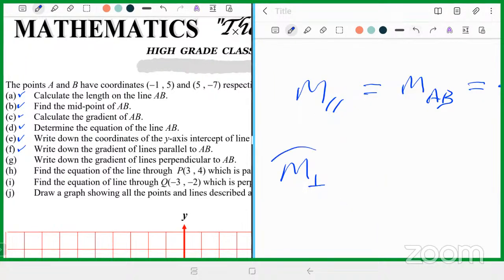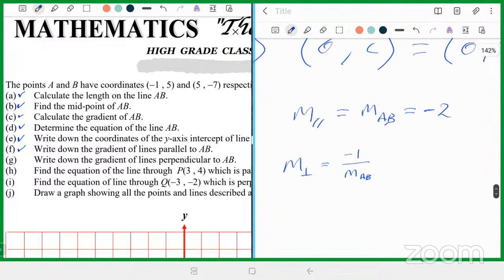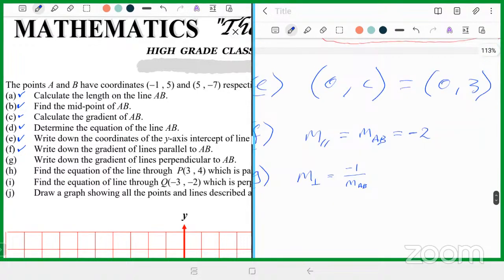So the gradient of any perpendicular line to AB is going to be equal to -1 divided by the gradient of AB. Remember, the gradient of AB is -2, you know. So I can take this -2 and drop it under here to do my calculation for the perpendicular gradient. All right.